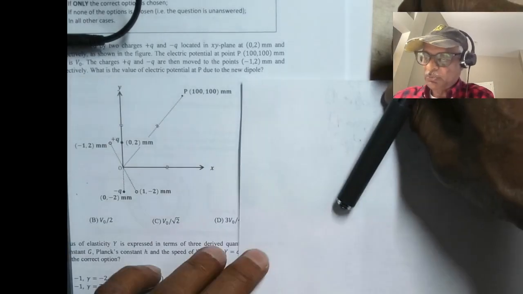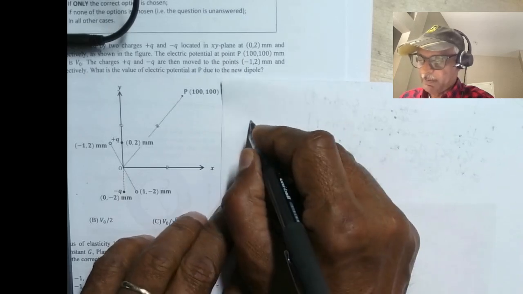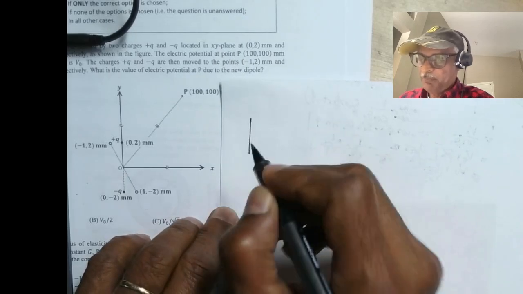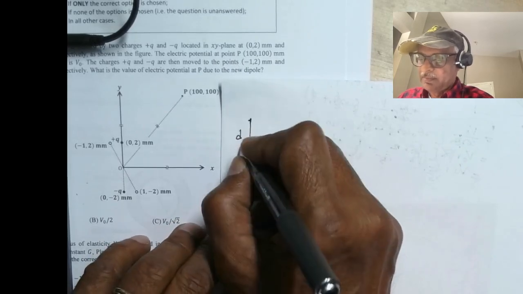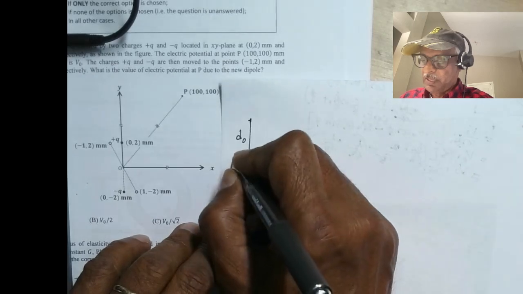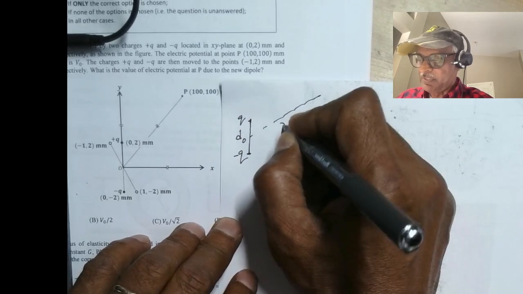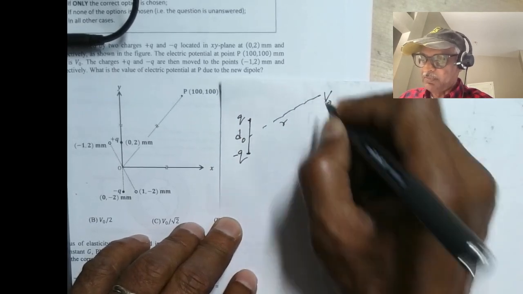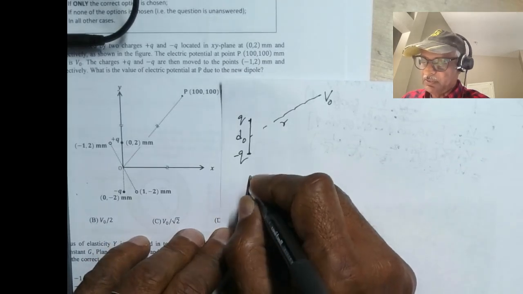So there are two situations. In one situation, the dipole is this way with a distance, say, d0, you have minus q, you have plus q, and from here some distance r, potential is v0. And there's another situation which is not this way.